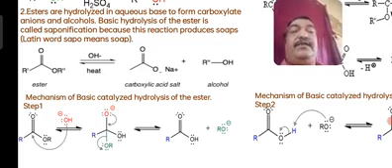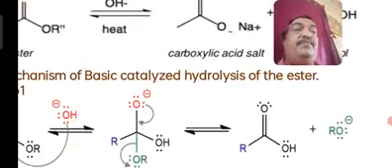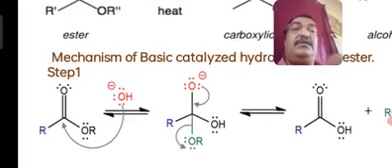Okay, so I repeat here again. So when the base attacks the carbonyl group of the ester, you know oxygen is negative and carbon is positive, therefore ultimately the OH group attacks the central carbon of the carbonyl group, right, and O will become minus and OR' is already there.